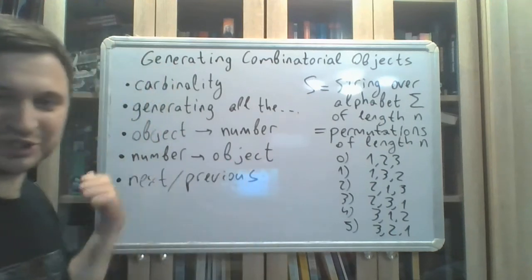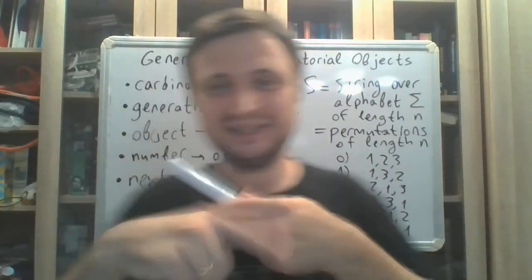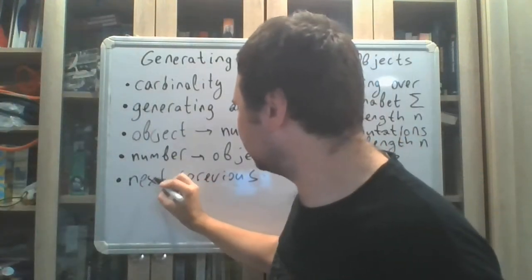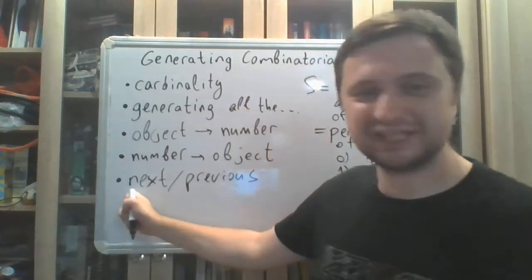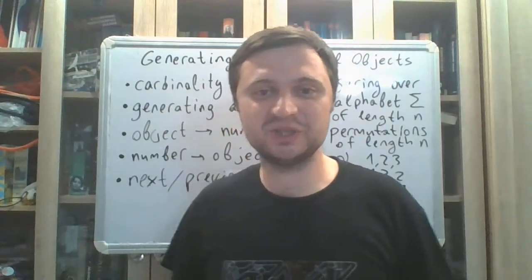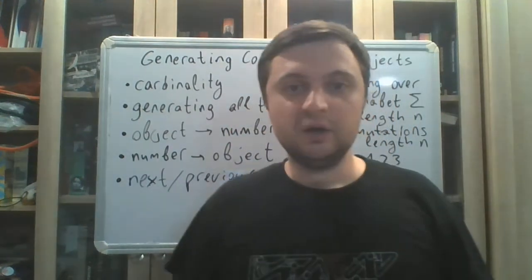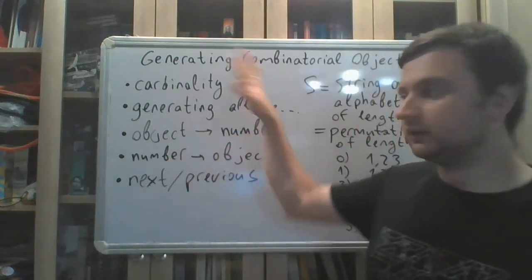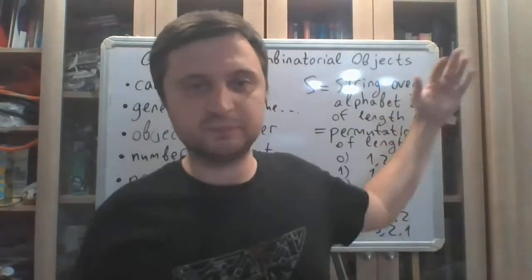Of course, these two procedures should be reverse of each other. So taking this function and then taking this function should always give you the original object. Okay, so this is our plan, and this is our possible couple of sets.